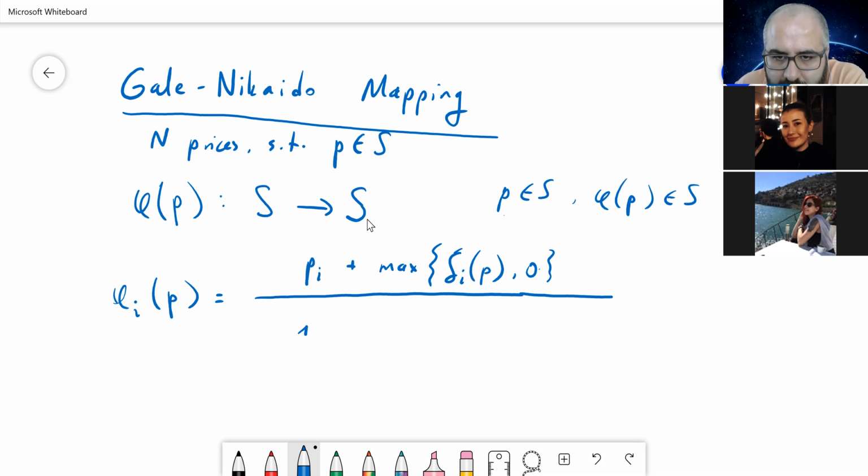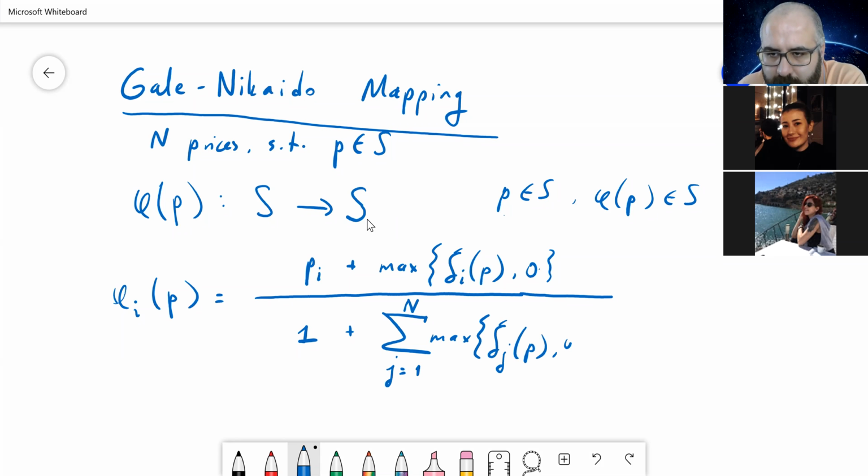On the denominator, I have the other prices. Now that's the Gale-Nikaido mapping.